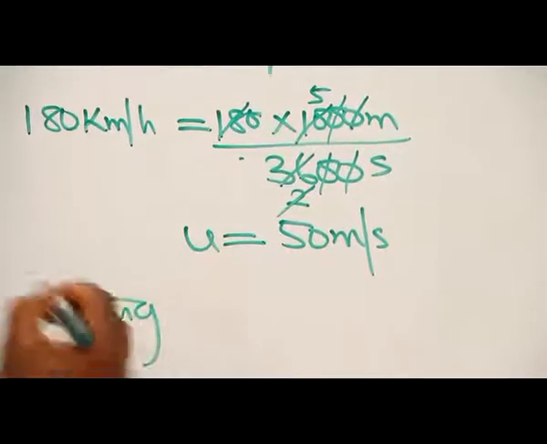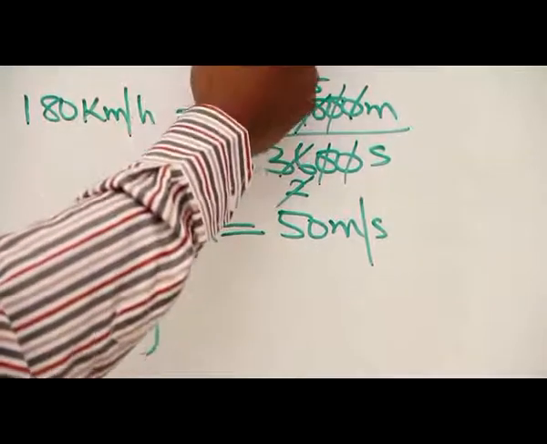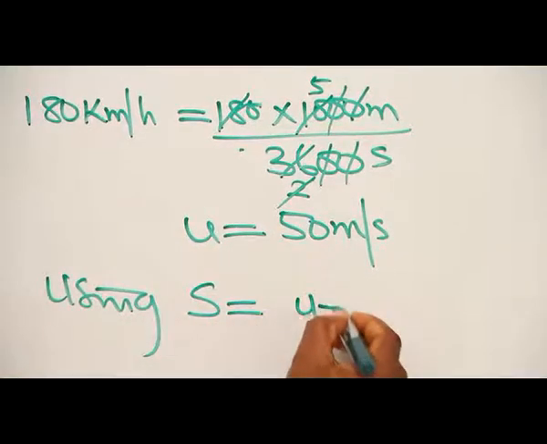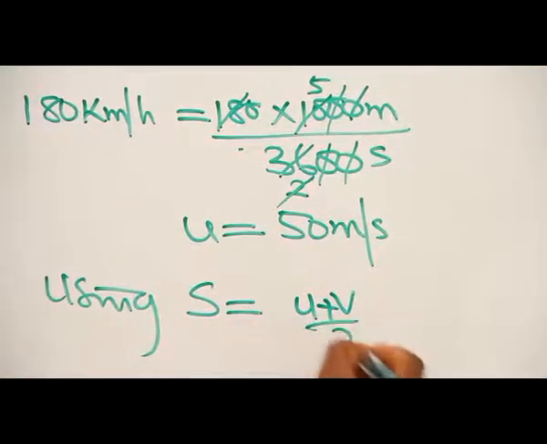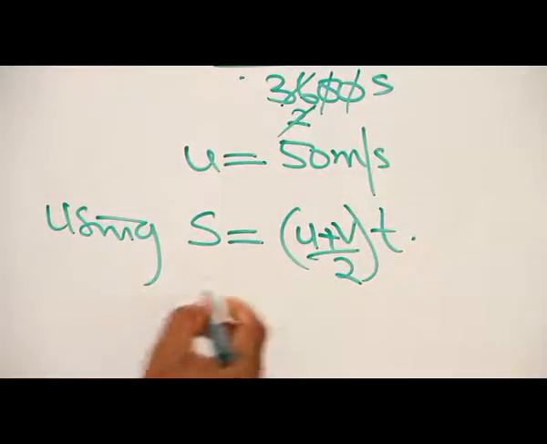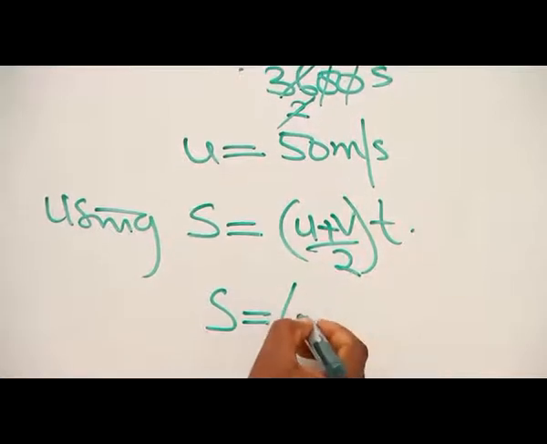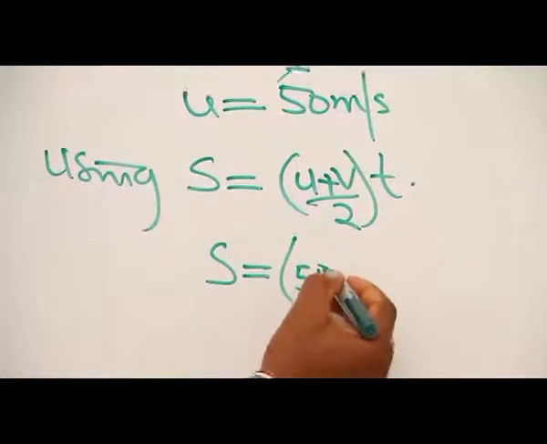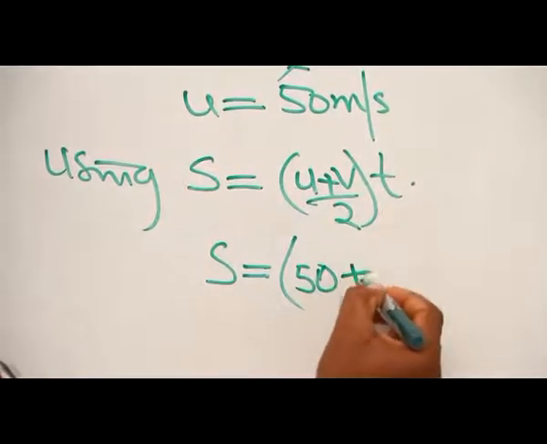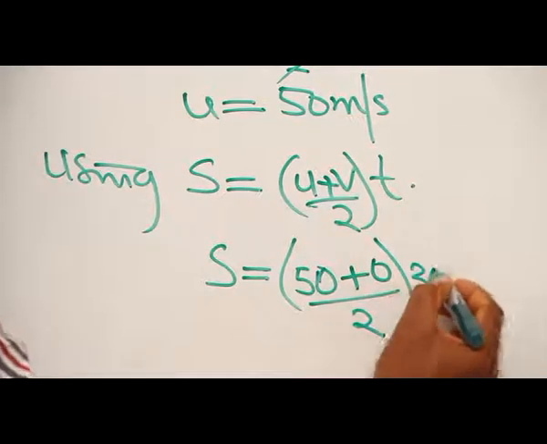Using the equation of motion that contains the alphabets U, V, T, and S, I have S is equal to U plus V over 2 multiplied by time. If I fix the values, the distance covered becomes initial speed 50 meters per second, final speed 0, divided by 2, time taken 30.